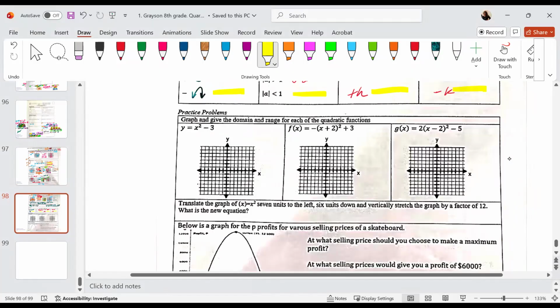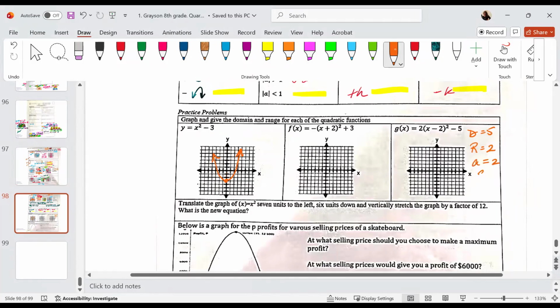Okay, this one here, y equals x squared minus 3, right? So minus 3 is 1, 2, 3. You go down 3, and it's just a normal shape. Correct? I'm going to do this one. Negative 5 means you go down 5. Negative 2 means you go to the right 2.